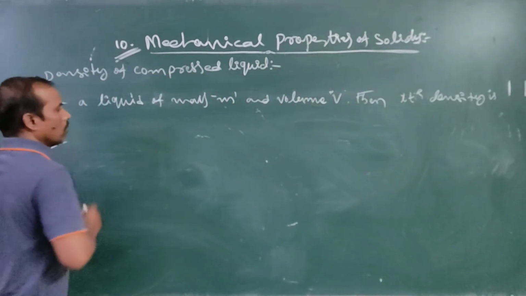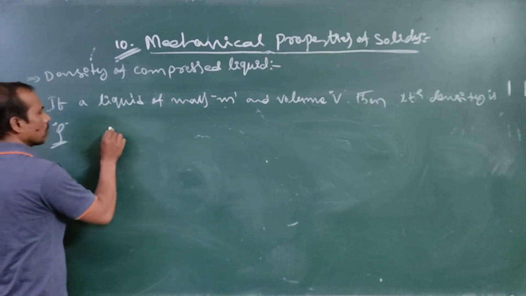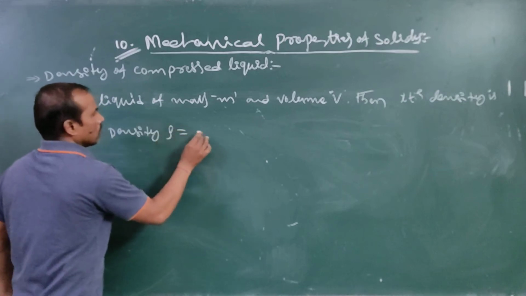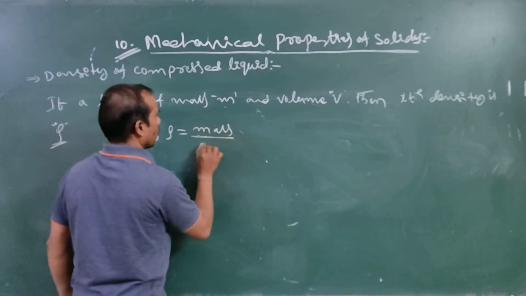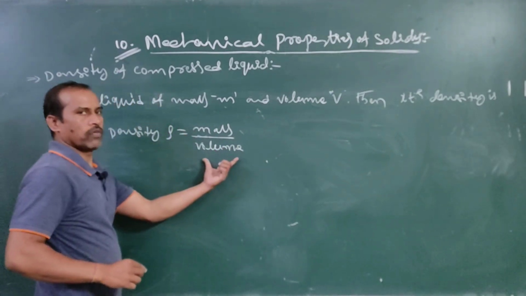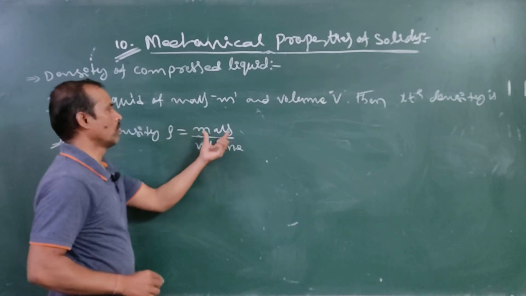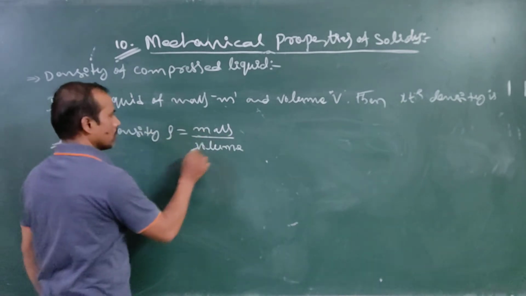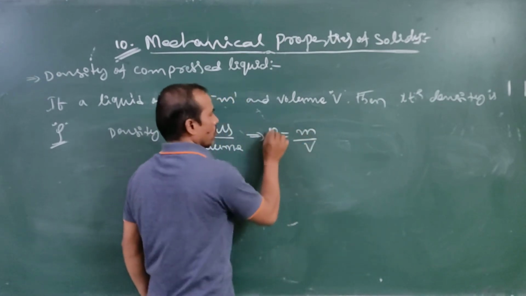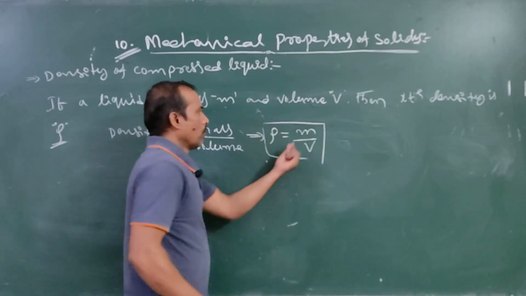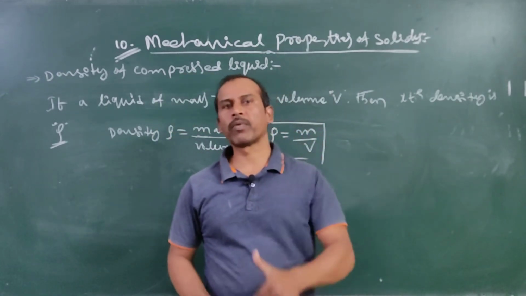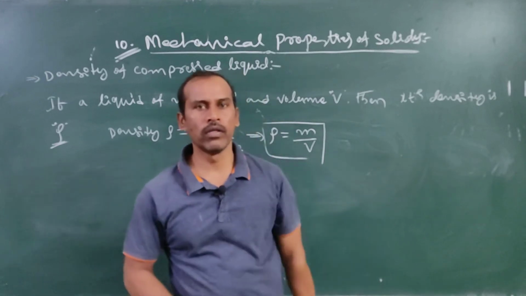So according to the density formula, the density rho is equal to mass per volume, that is, the mass of the liquid per volume of the liquid. That means rho is equal to M by V. Here the mass is constant, so the density of the fluid is inversely proportional to the volume of the liquid.